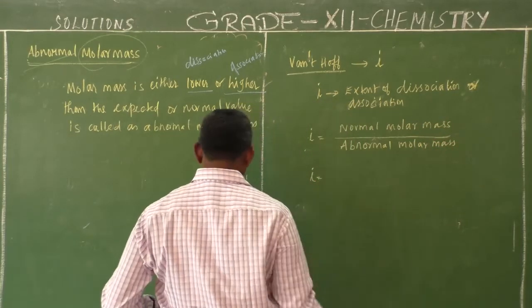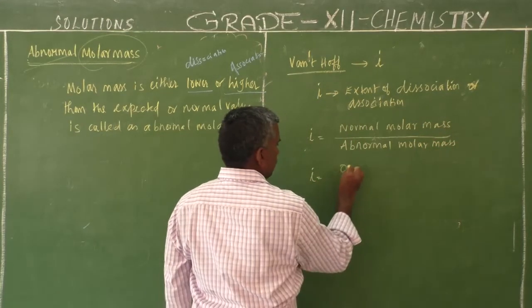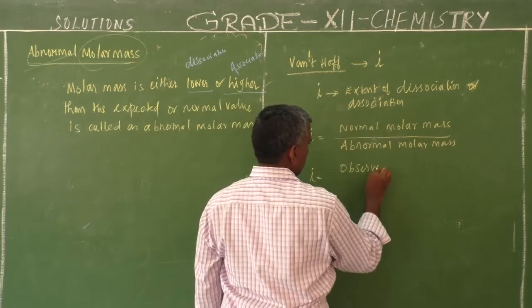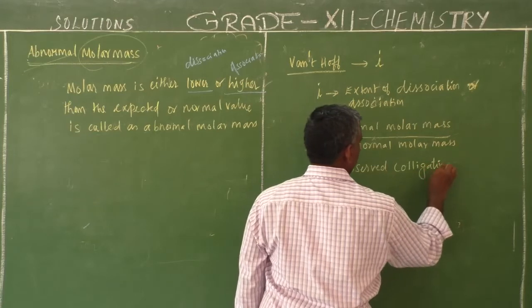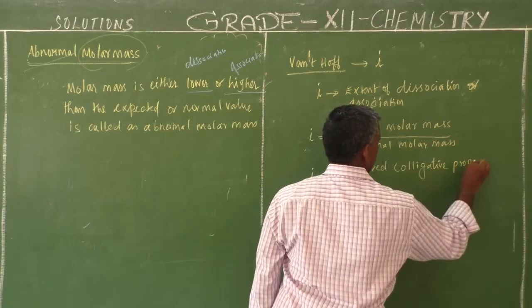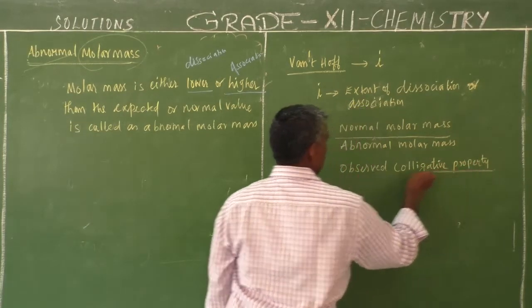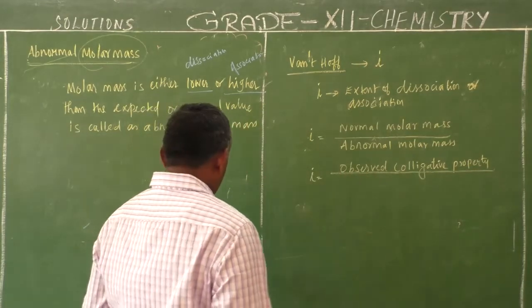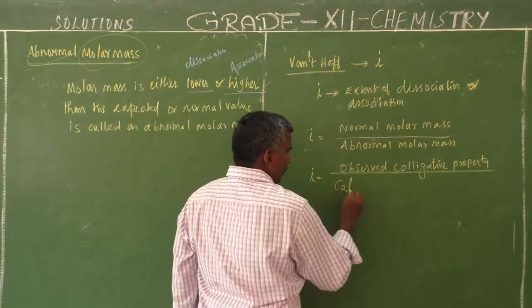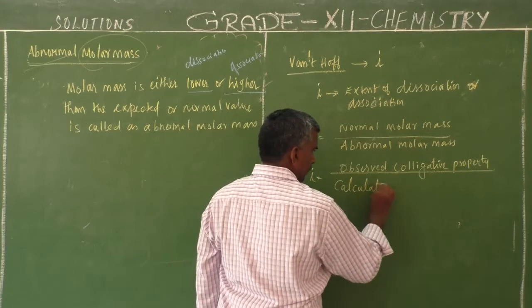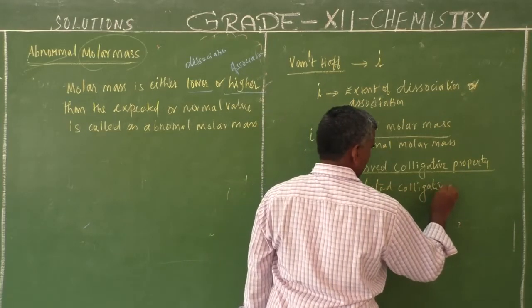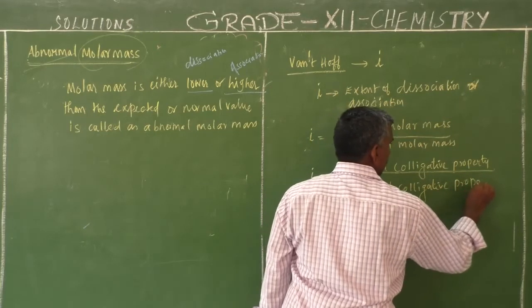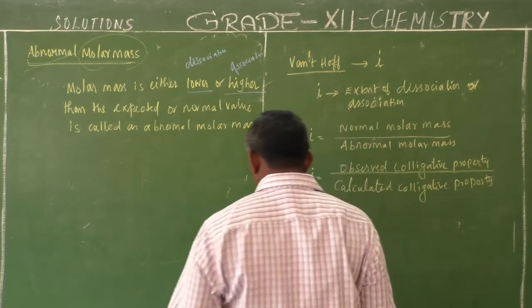Another formula: observed colligative property divided by calculated colligative property. I will explain now.